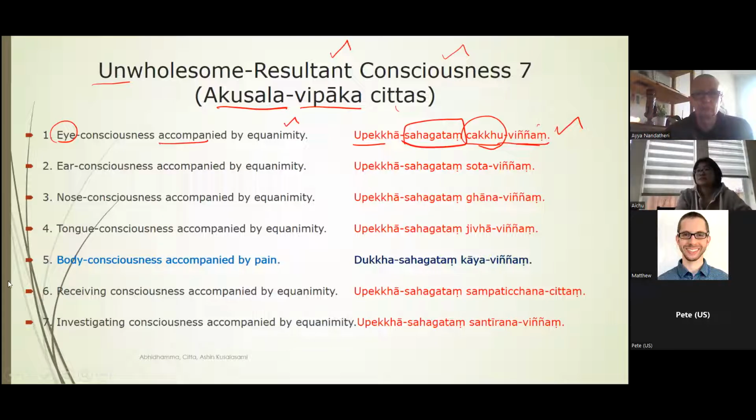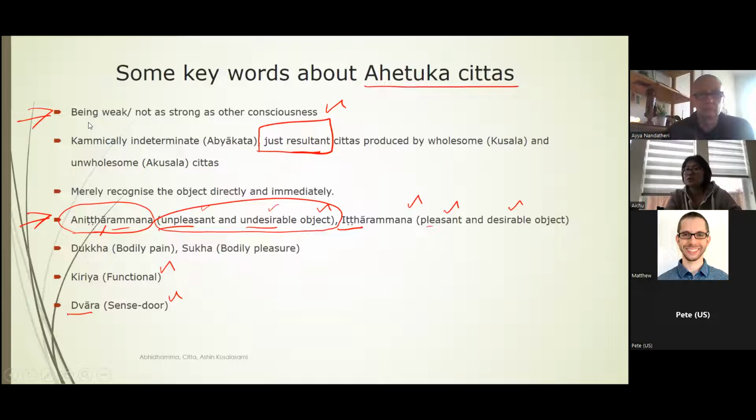Let me tell you a little about these keywords. This consciousness is weak, not as strong as other consciousness. For example, if we donate something, if we help other people, as I told you a moment ago, behind this wholesome deed non-greed is working. Because you have non-greed, or detachment, toward your possessions, you can donate and help other people.